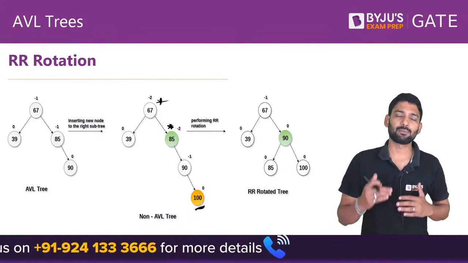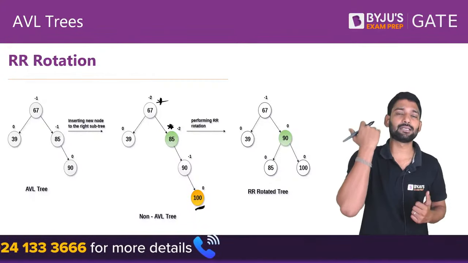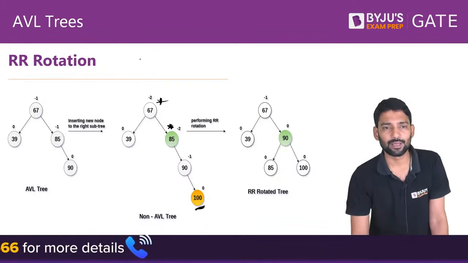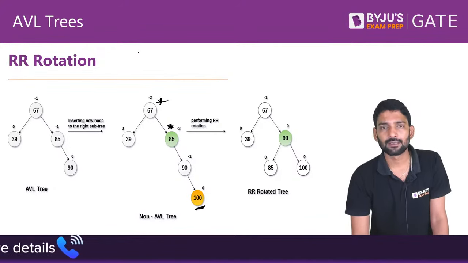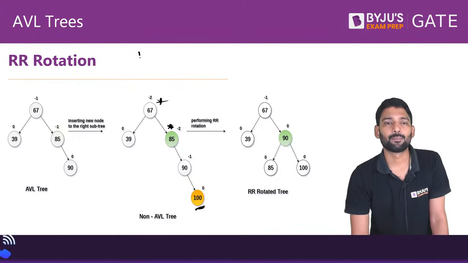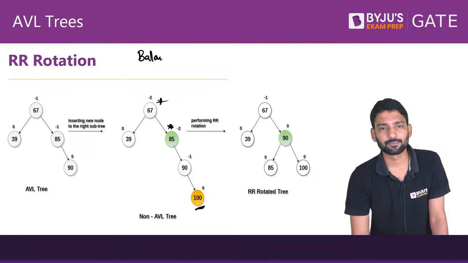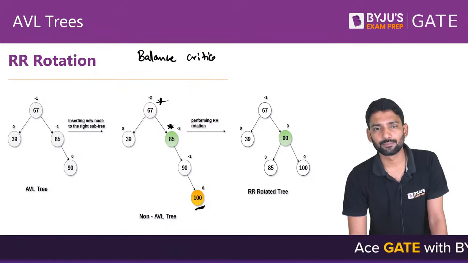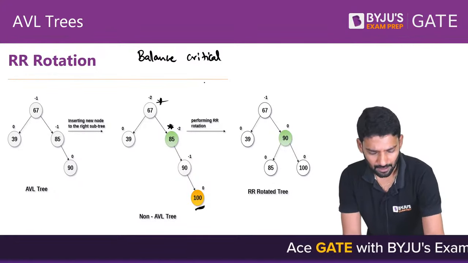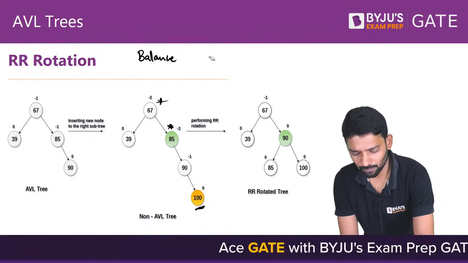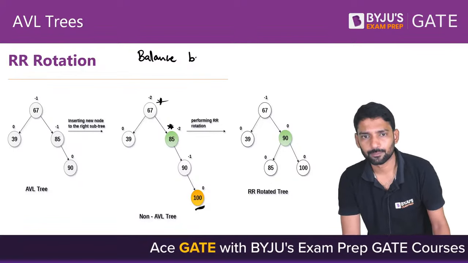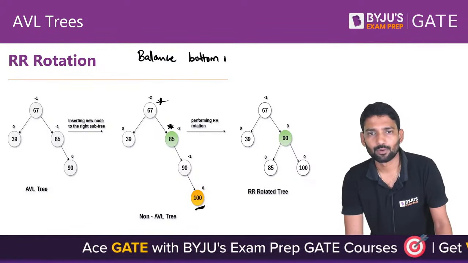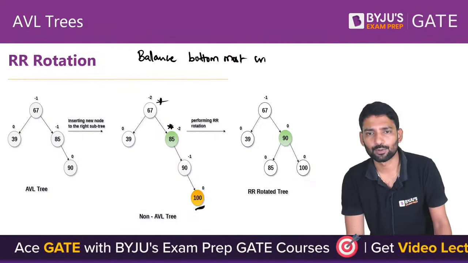So when there are multiple critical nodes, always you have to balance the bottommost critical node.